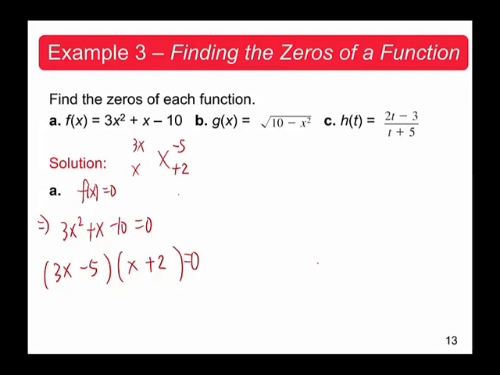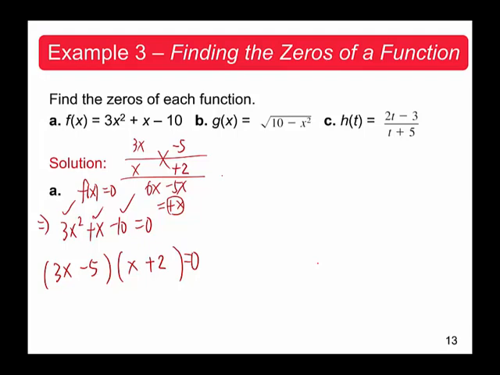Now we cross multiply: 3x times 2 is 6x, minus 5x, so cross multiplying, we end up with a positive x. And that matches the middle term. Now we come out with the proper factoring: 3x minus 5 goes into the first parenthesis, x plus 2 goes into the second parenthesis.